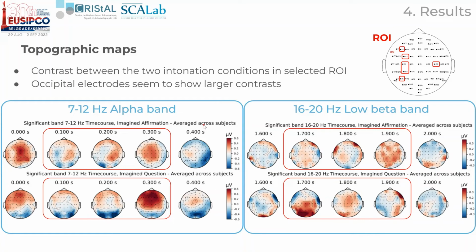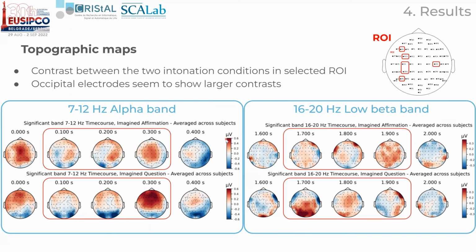On the left, we have the maps of 7 to 12 Hertz from 0 to 0.4 seconds for the question and affirmation intonations. We can observe a contrast in the region of interest we chose, which is up here on the right for reference.